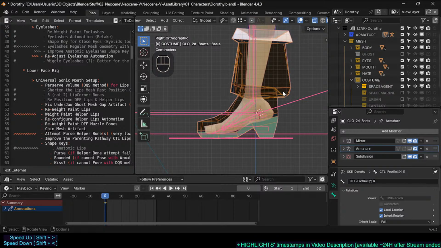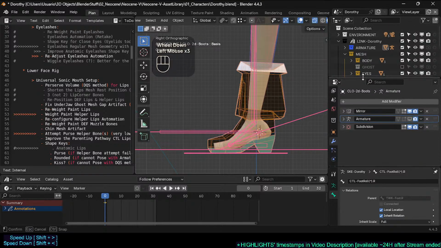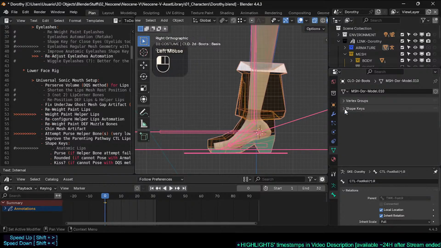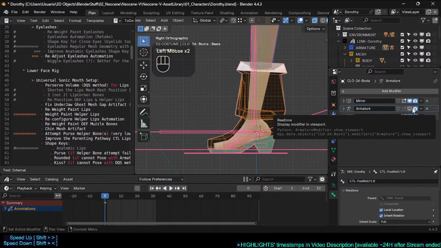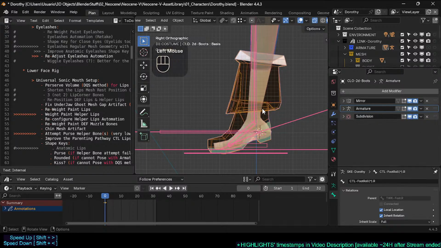Alright, and so that means that I can model the boots naturally, but then what we'll do with that later is make a shape key. Not here, but actually we're going to weight paint the boots with the leg, right? And then it will start deforming very crazily, right?